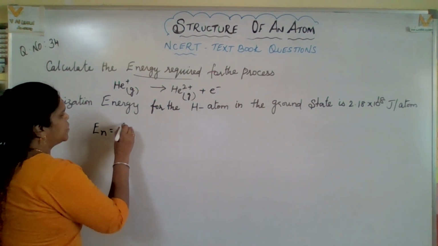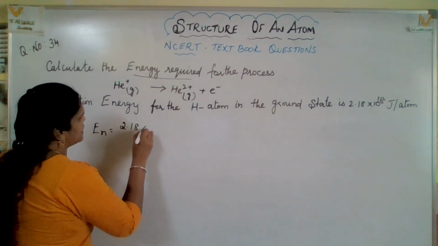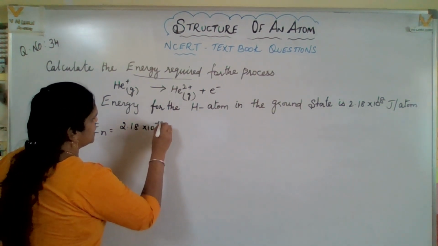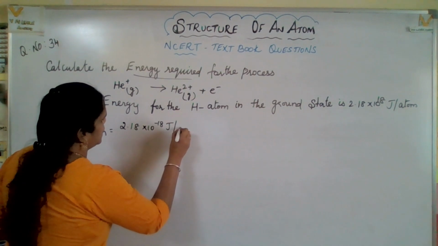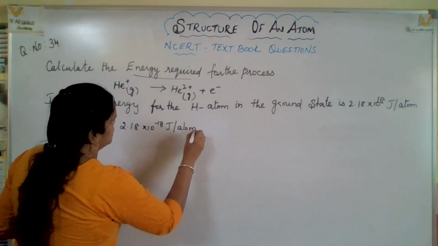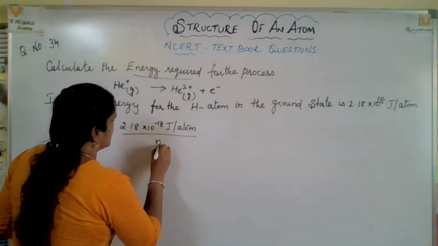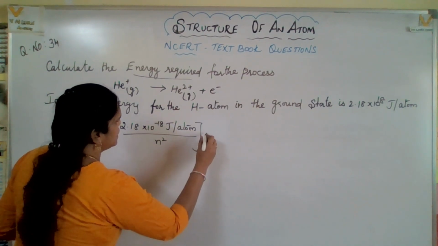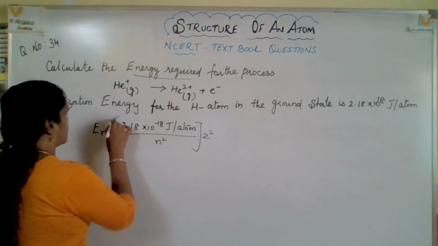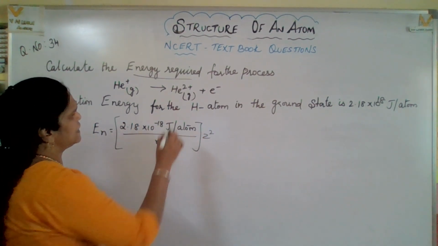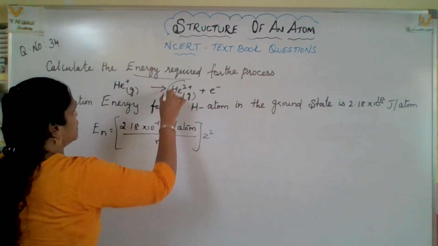En equal to 2.18 into 10 to the power of minus 18 joule per atom, divided by n square into z square. Okay, so here z is helium.